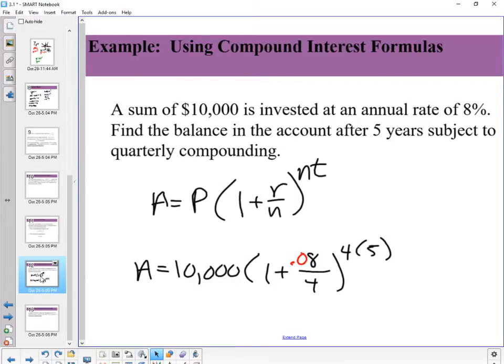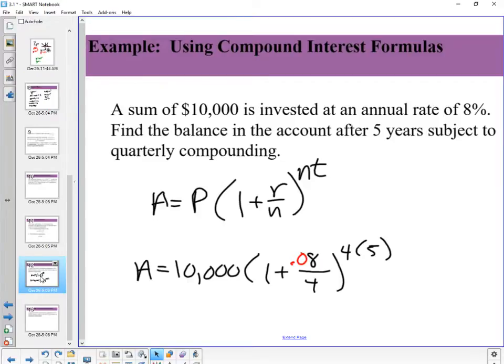Please do not make this mistake. Can we put e instead and then fill it from there? No, because this is not being continuously compounded. This is being done quarterly. Now, if they say continuous, and that's a very specific problem, and they'll tell you, whenever you see it's continuously compounded, then you want to use the other formula.